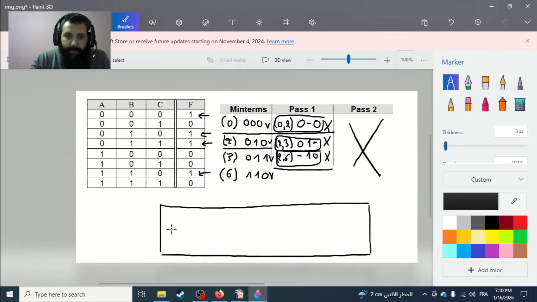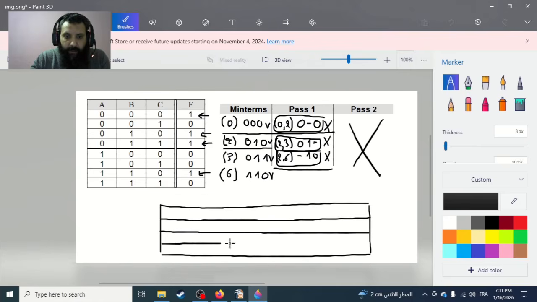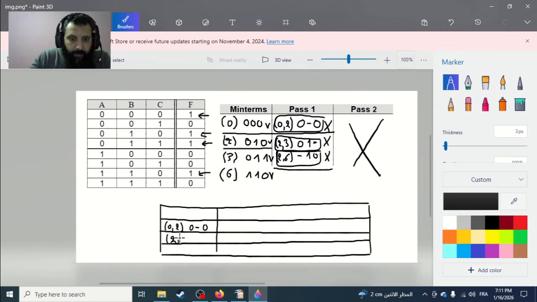We have 3 prime implicants, so we have to draw 3 rows representing each implicant. Here we have the first prime implicant. Here we have the second one. And here we have the third one.